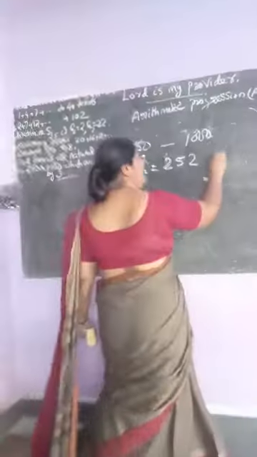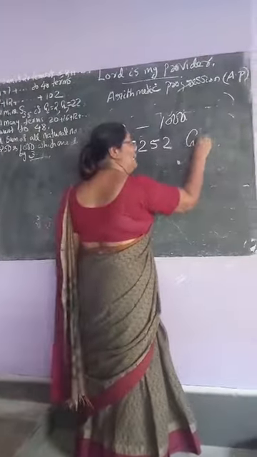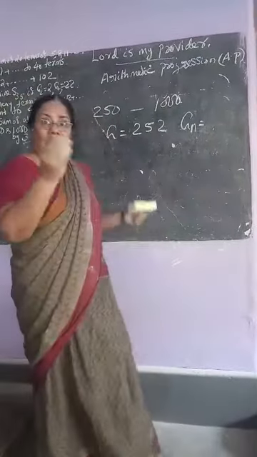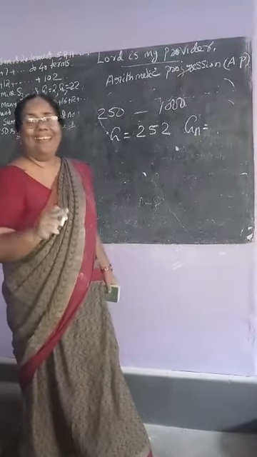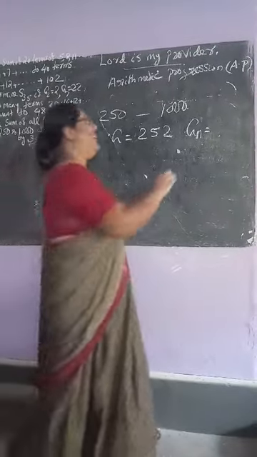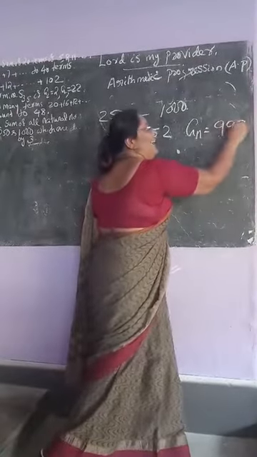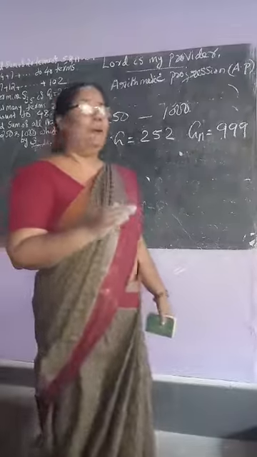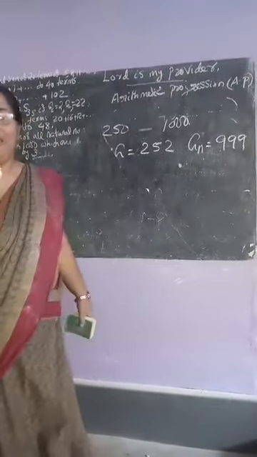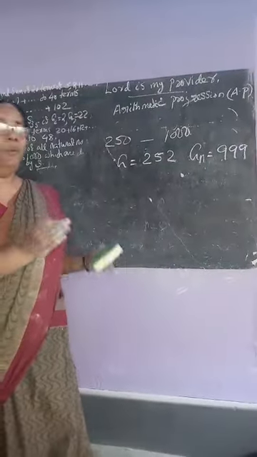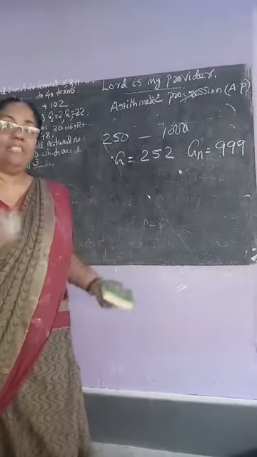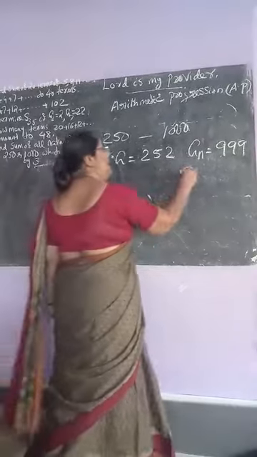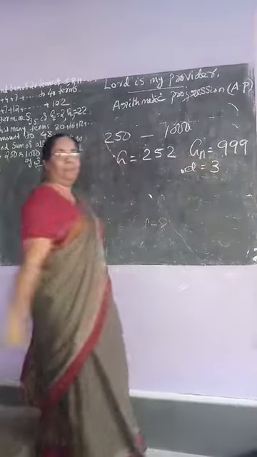Same way, can you say what is the nth term, last term in between this 1000 divisible by 3? 999. Very good. 999 is the last number which is divisible by 3. Now, A is given, An is given, and divisible by 3 means D is equal to 3.